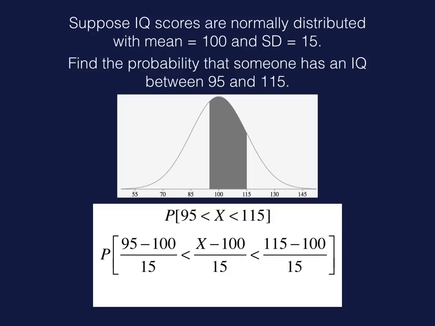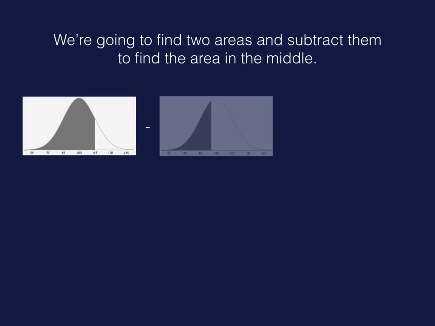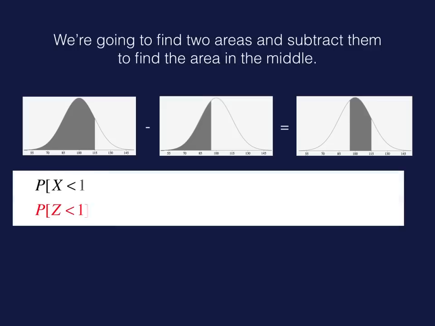In the middle, that creates Z. On the left, it's negative 0.33, and on the right, it's 1. If you remember the trick I used with the exponential distribution in the last video, I'm going to do the same thing here. I'm going to find the area to the left of 1, and then subtract the area to the left of negative 0.33, and what's left over is the area between.